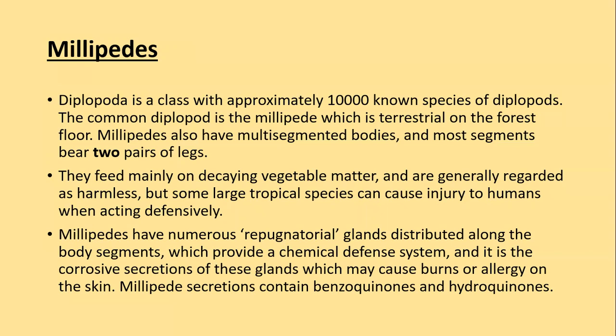So centipedes have 1 pair and millipedes have 2 pairs of legs per segment. They feed mainly on decaying vegetable matter and are generally regarded as harmless, but some large tropical species can cause injury to humans when acting defensively.